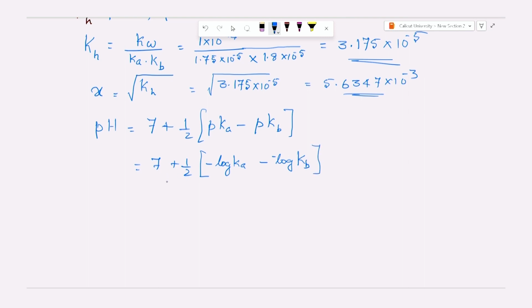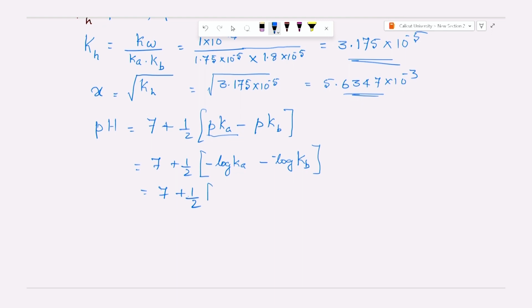Okay. And substitute the values, 7 plus half. This is a point to be noted, because pKa values are not given, we will have to take it as negative logarithm of Ka and negative logarithm of Kb. Those values are given here, and that is equal to minus of log 1.75 into 10 to the power minus 5, minus and minus, that becomes plus log 1.8 into 10 to the power minus 5.